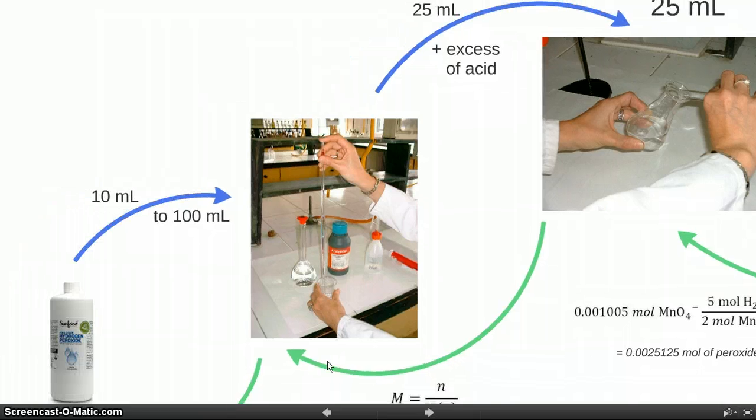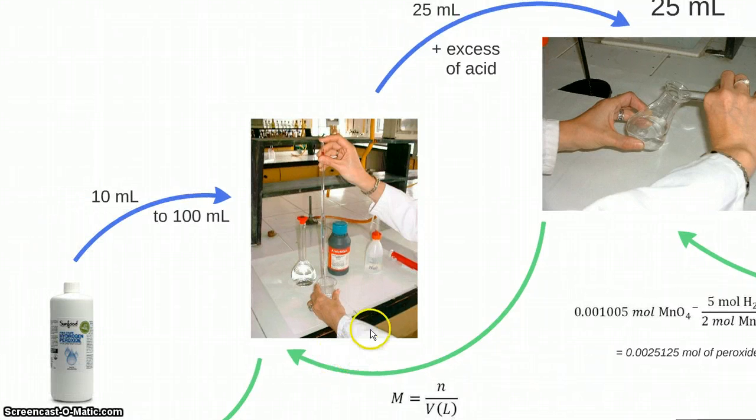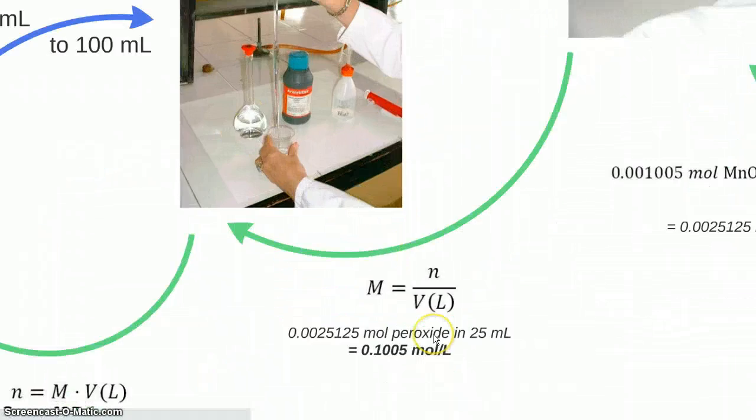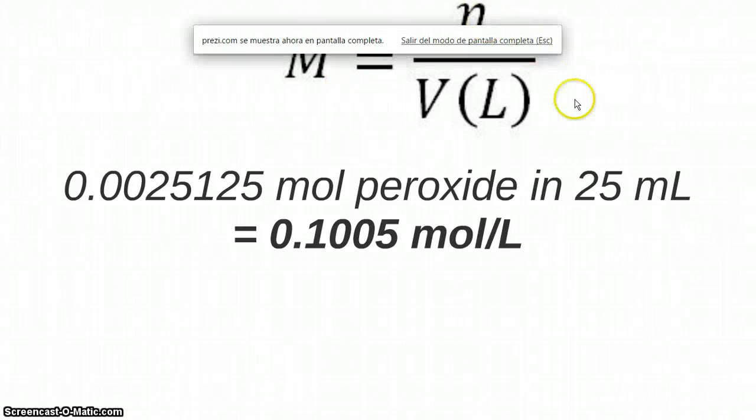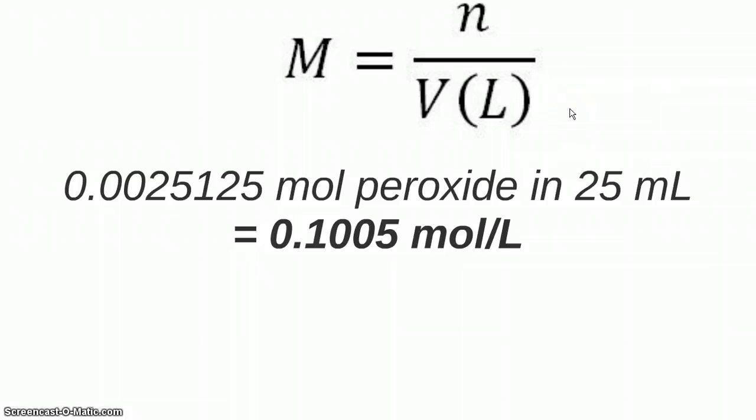We know that those moles come from the 25 milliliters that we took from the volumetric flask. So we can now calculate the concentration in the flask by dividing the number of moles by the volume of solution that we took.